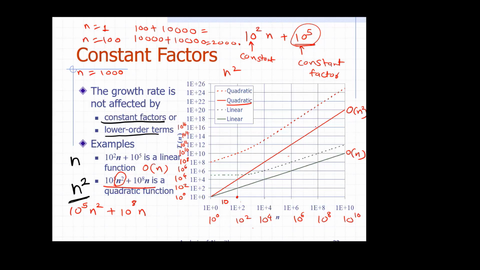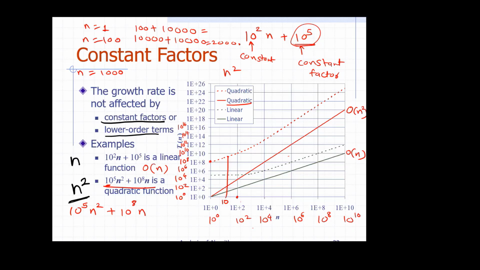So this is going to be the normal quadratic line, and they have plotted the one with 10 raised to 5 n square plus 10 raised to 8 n. So it is somewhere here. For y value 1, when it is 10, the value is much higher than the red line because of these two factors, 10 raised to 5 and 10 raised to 8.